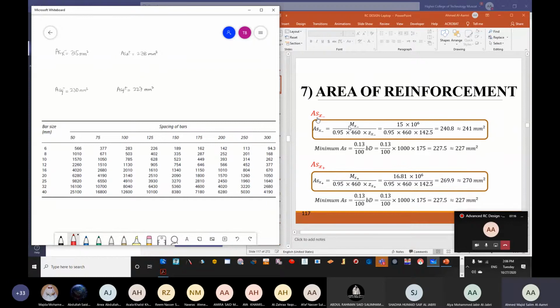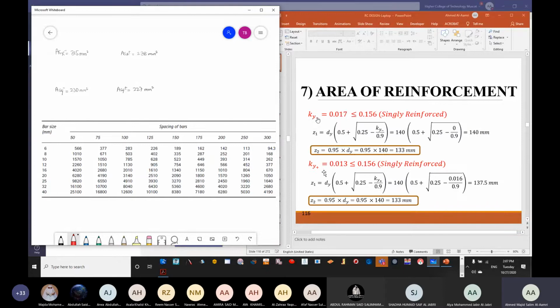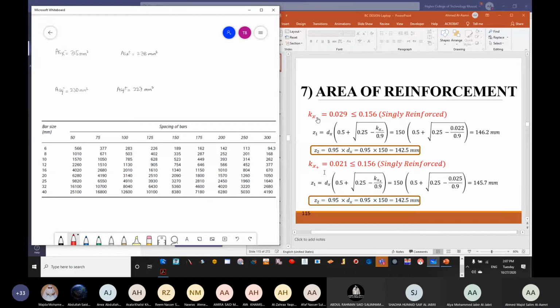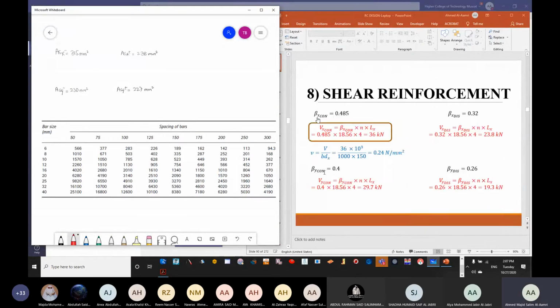Okay. Now, if we see here, we have ASX negative, we have got it to be 241. We have ASX positive, we have got it to be 270. And then ASY negative, we have got it to be 0. Wait. That's another question. It's this question.